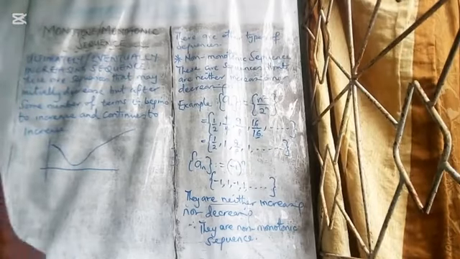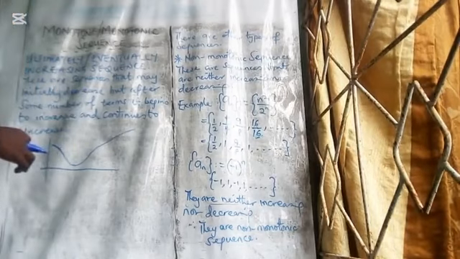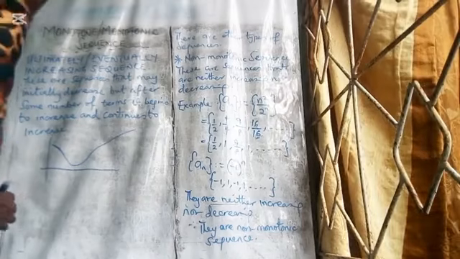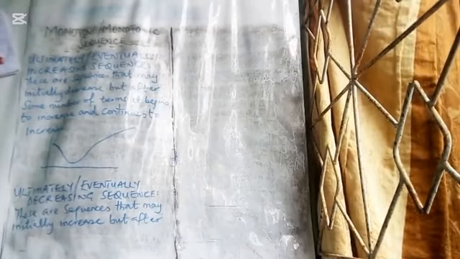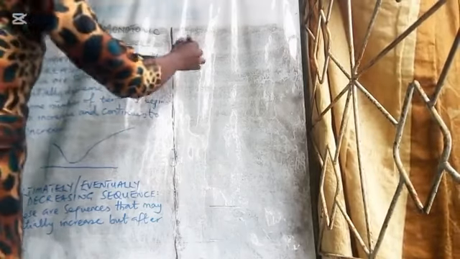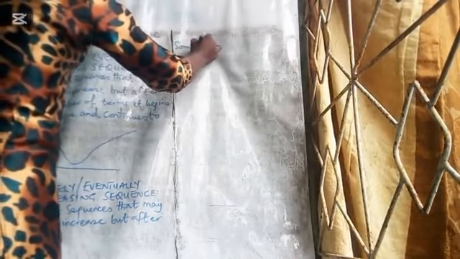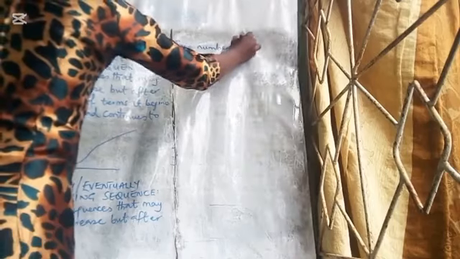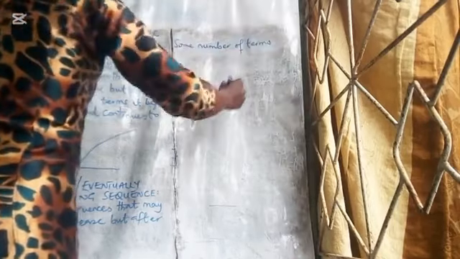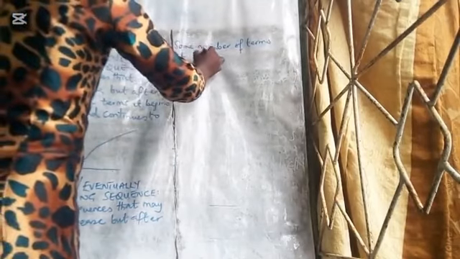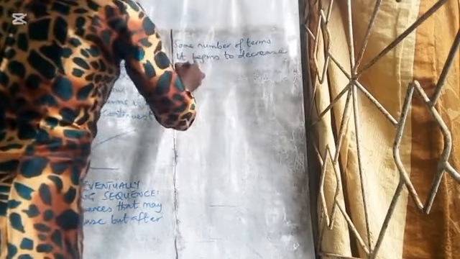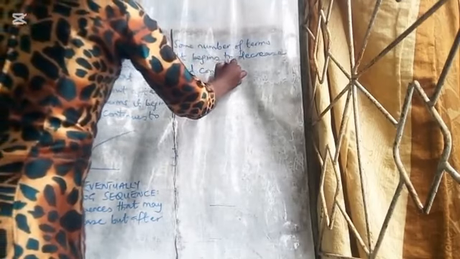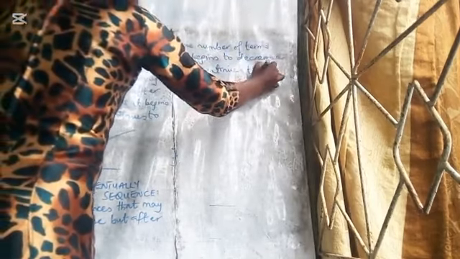Let's go to the ultimately or eventually decreasing sequence. These are sequences that may initially increase, but after some time or after some number of terms, it begins to decrease and continues to decrease.